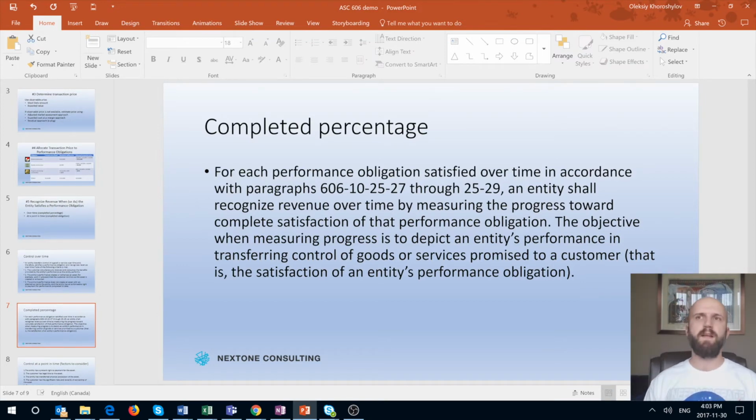That means we need to measure progress and recognize a corresponding percentage of the transaction price. So if we completed 30% of the performance obligation based on either straight line, milestones, or actual cost versus the estimated cost, we may recognize 30% of that transaction price.